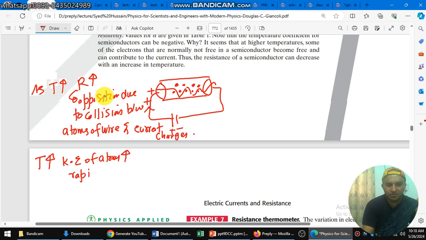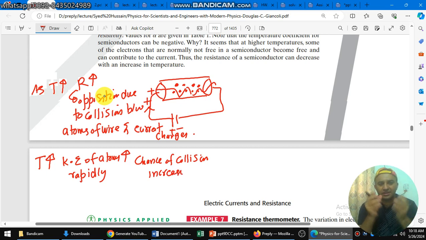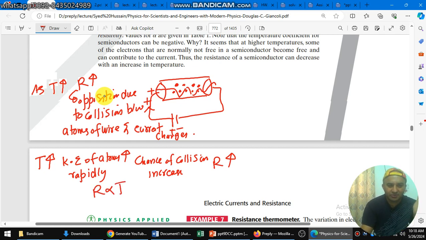When the atoms move rapidly, the chance of collision increases. So the chance of collision between atoms and the charges increases, and the resistance also increases. This is how resistance depends on temperature. Resistance is proportional to temperature.